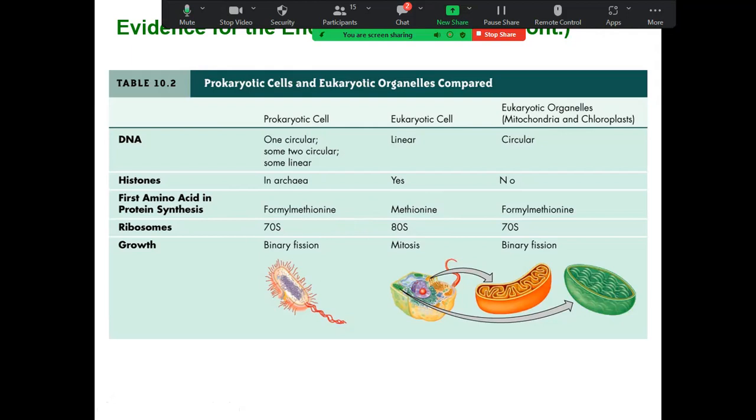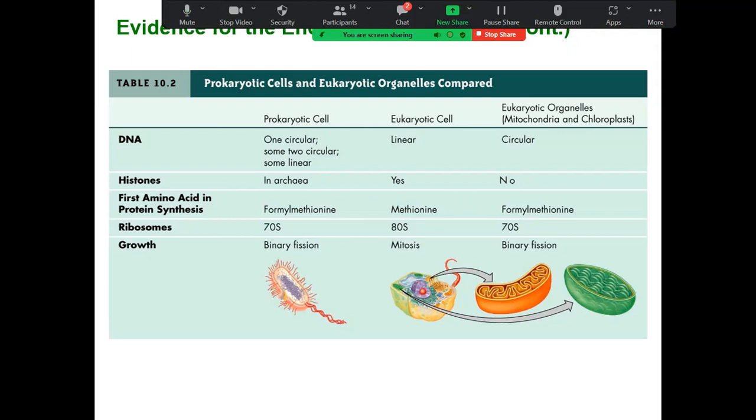This is the first amino acid that is made when a protein is being made from the ribosome, meaning AUG. In eukaryotes, it codes for methionine, and in prokaryotes, it codes for formylmethionine. In the mitochondria and the chloroplast, it also codes for formylmethionine.